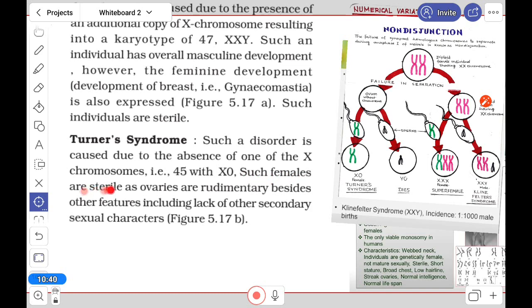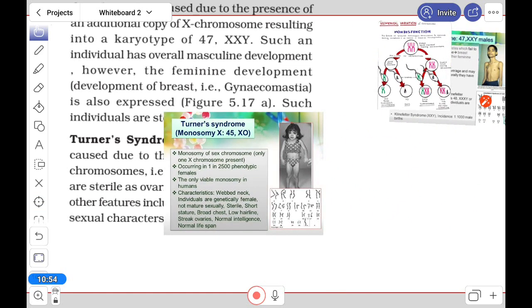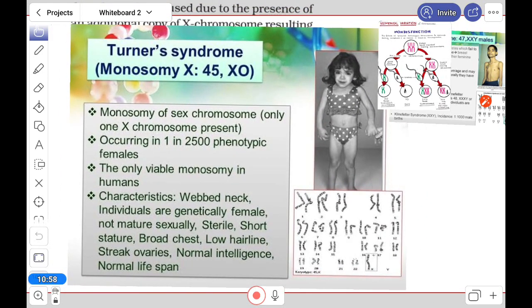Such females are sterile and ovaries are rudimentary, and they lack the secondary sexual characters also. This is Turner syndrome. Here in the monosomy there is only one X chromosome, one in 2500.